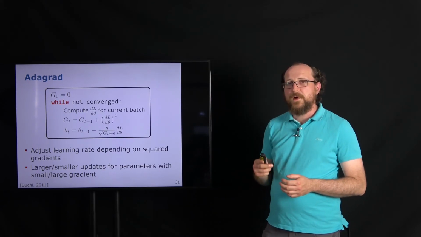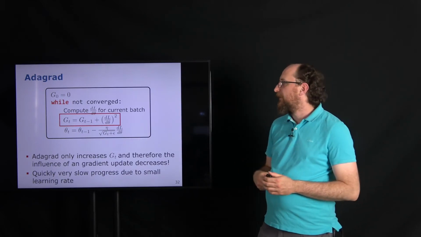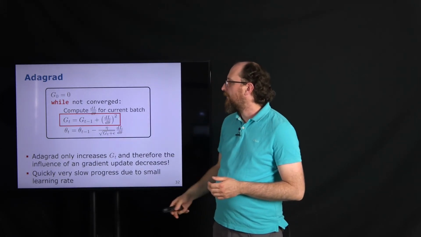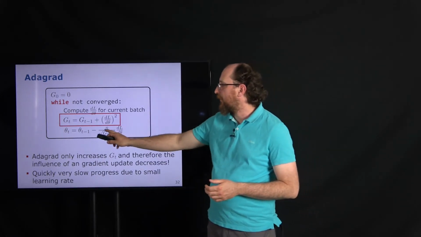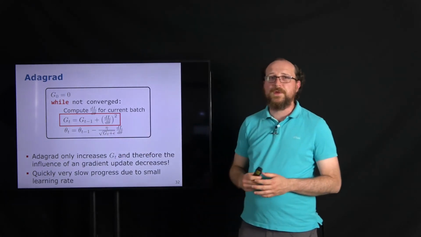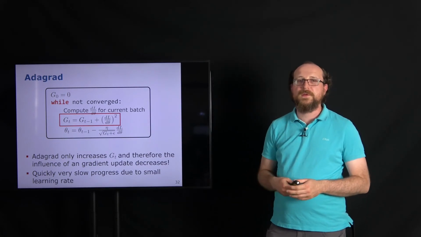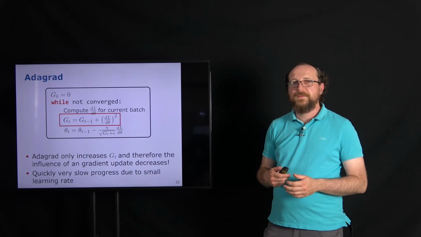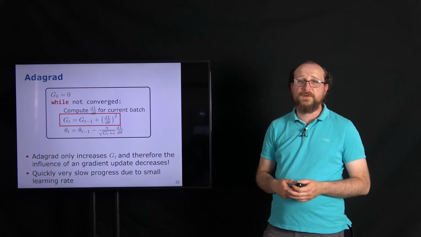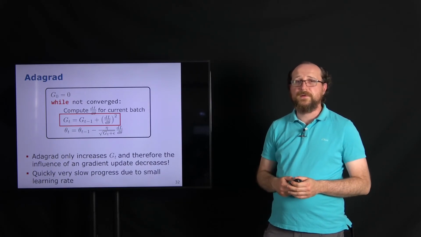So one problem with AdaGrad is that we are just accumulating over time the positive terms here in the end, and with this, because we are dividing here by these positive terms, the learning rate will shrink very much over time. So the longer we train, the smaller will be the updates. And this reaches then the point where we are basically making no progress at all, and do then just small updates with the learning rate again.